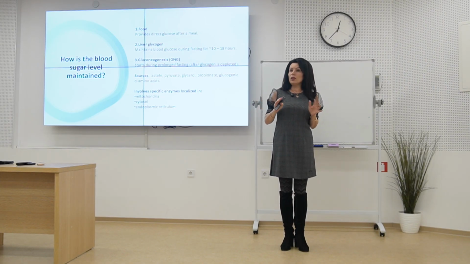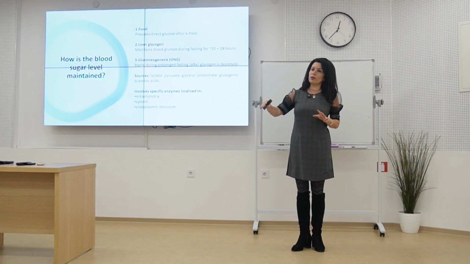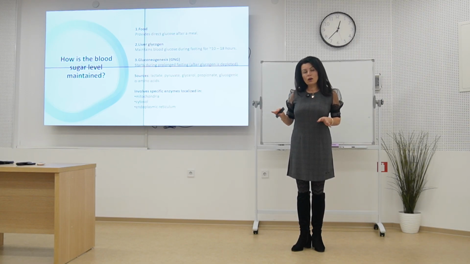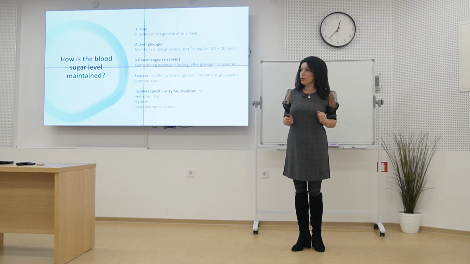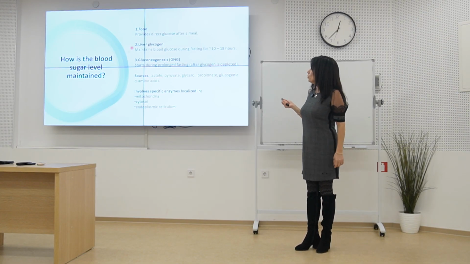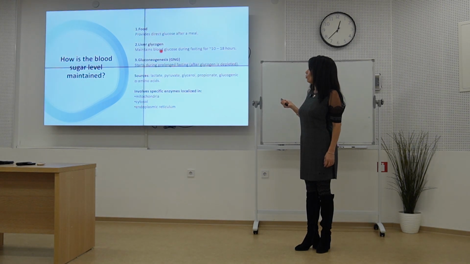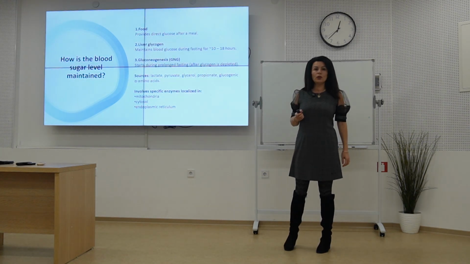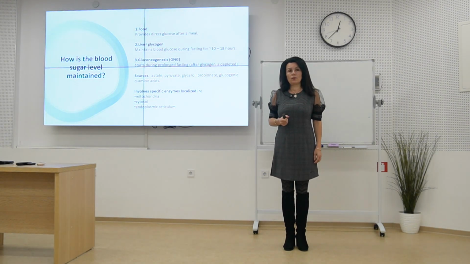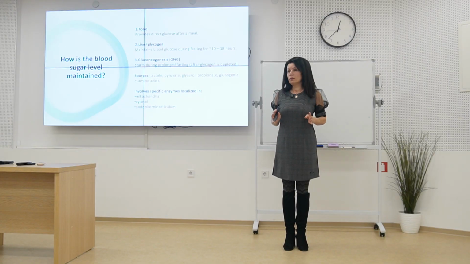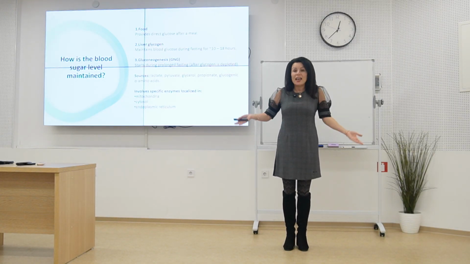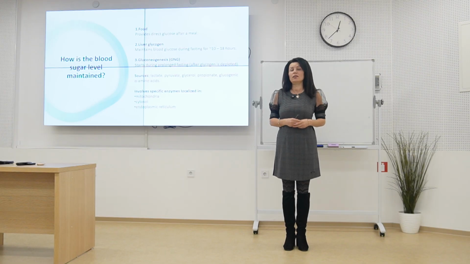After that, if we continue fasting, 3 hours, 4 hours and more, without any carbohydrate food, the second source of glucose will be liver glycogenolysis. It maintains blood glucose during fasting for 10 to 18 hours. For example, during the night, we maintain the glucose thanks to liver glycogenolysis.